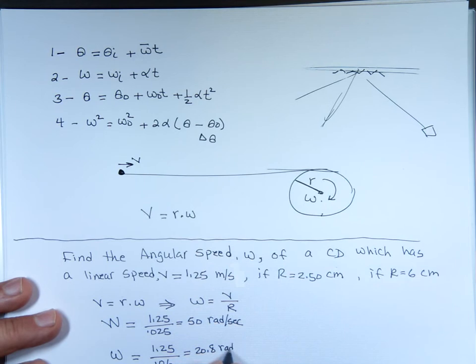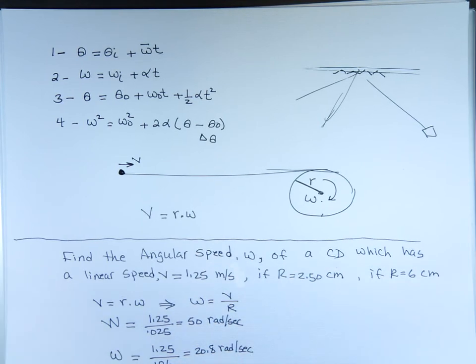What does that mean? What's happening as you're actually listening to a CD? It looks like it's slowing down, but watch the RPM here. As we travel from the outside to the inside, you actually decrease the speed. To change to RPM, remember, we convert each radian to revolution, multiply by 2 pi, and seconds to minutes, that's 60.